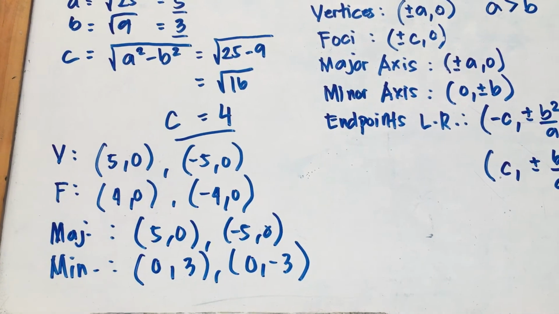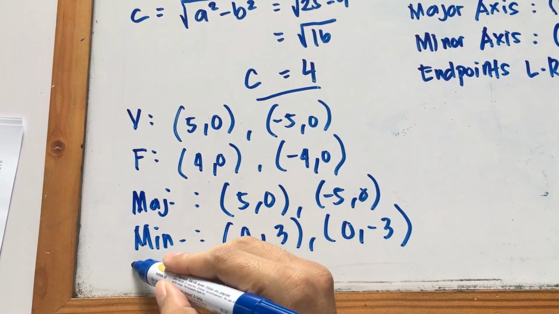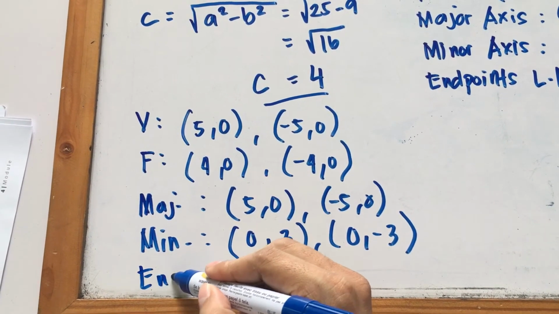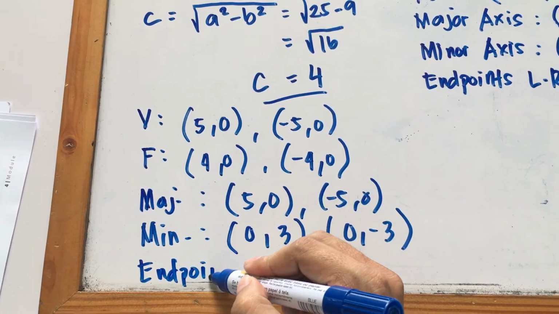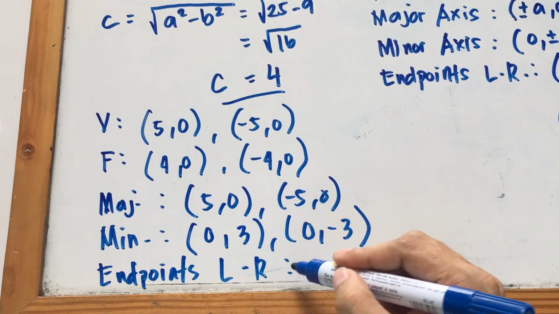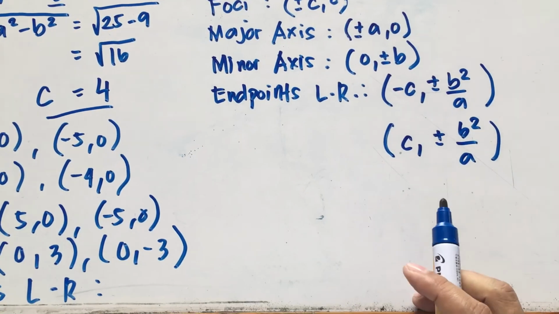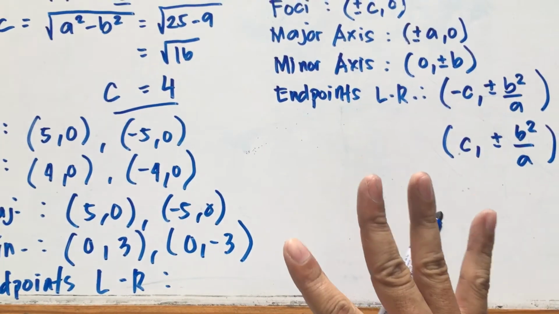Next, the most important thing is the endpoints of the latus rectum. LR, latus rectum. At this point, to find the endpoints of the latus rectum, we have four endpoints.